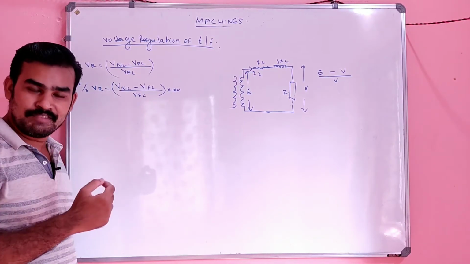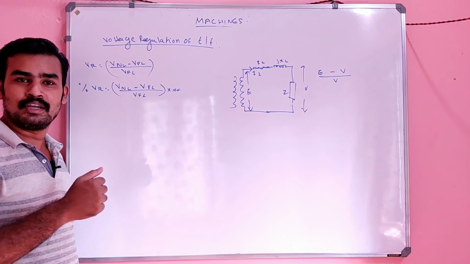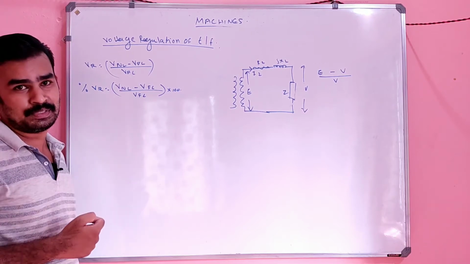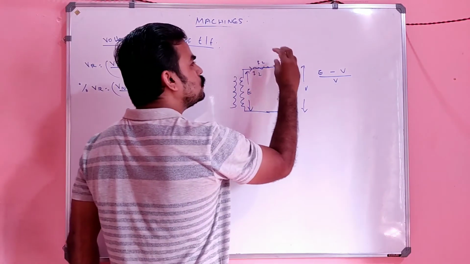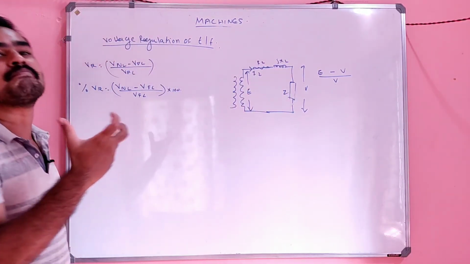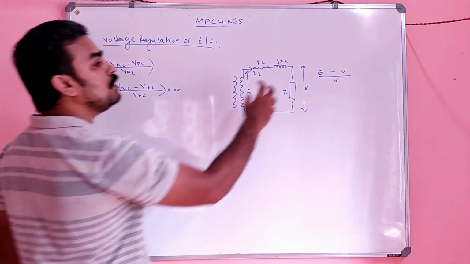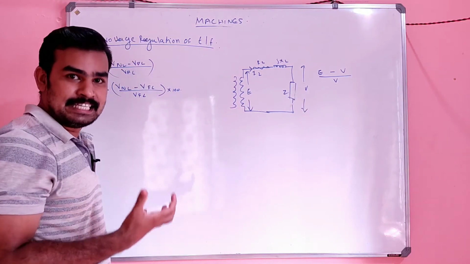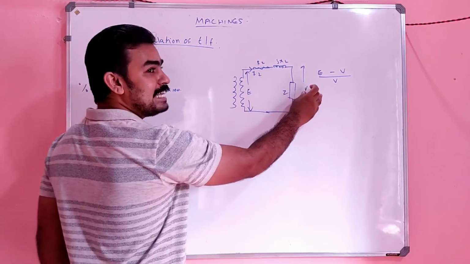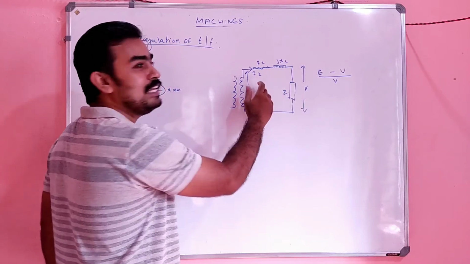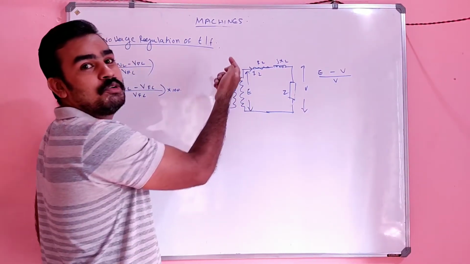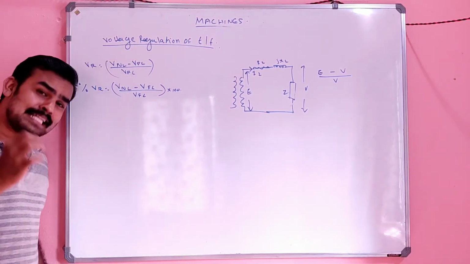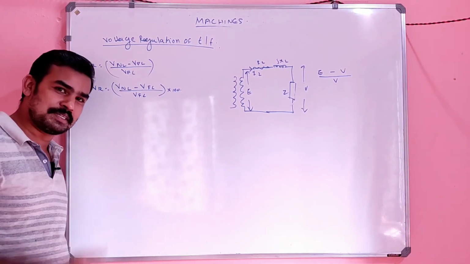It dropped somewhere in transmission, so it is not a good system. A good system means the values of R2 and jX2 are such that there is no appreciable change in voltage across the load with respect to the sending end voltage or the no load voltage. Then only can we say it's a perfect system.